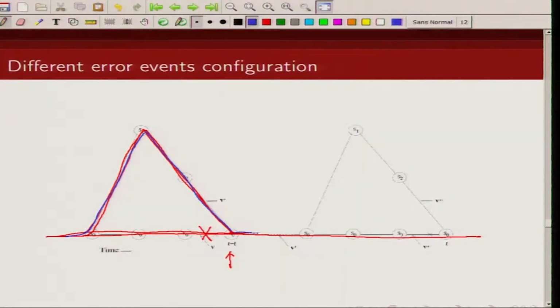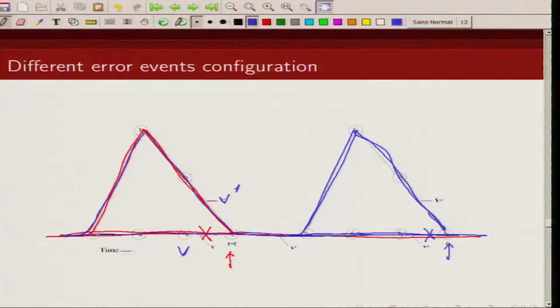Now, further up, when you came here, there was one path which was going like this, and when you came to this time instance t, then again the metric corresponding to this was worse than the metric value corresponding to this path. So, you decided to go for this particular code word, just calling this all 0 state as code word v, this is code word v dash and this is code word v double dash.